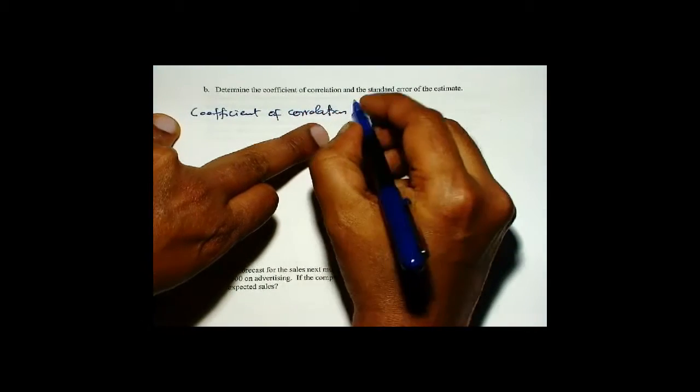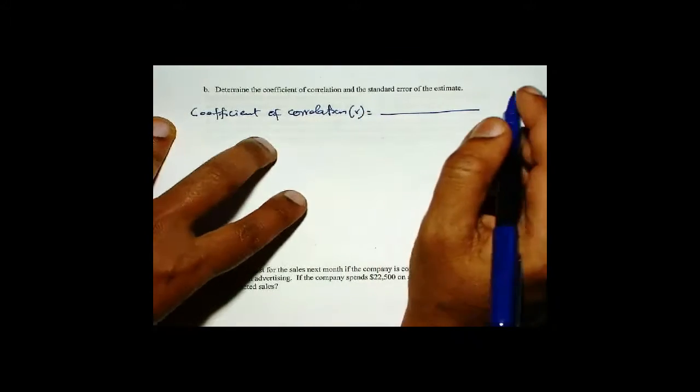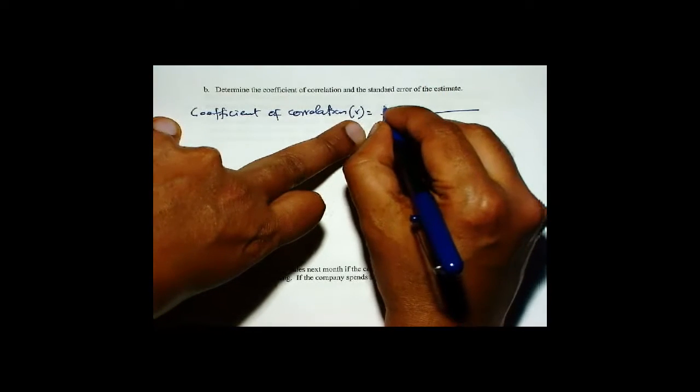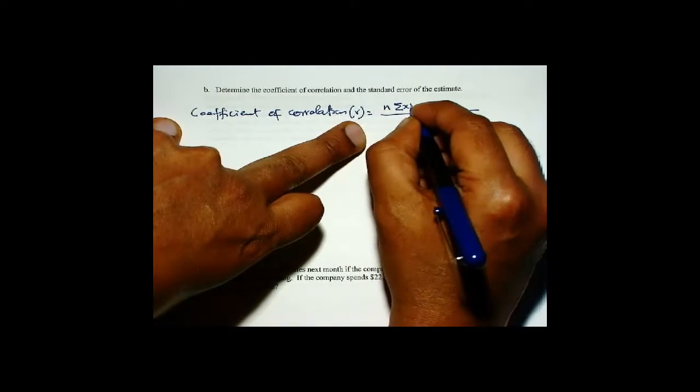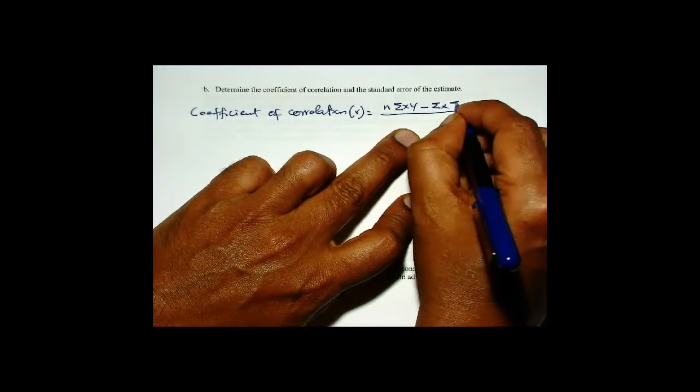that is R, is given by the formula n times sum of x times y minus sum of x times sum of y.